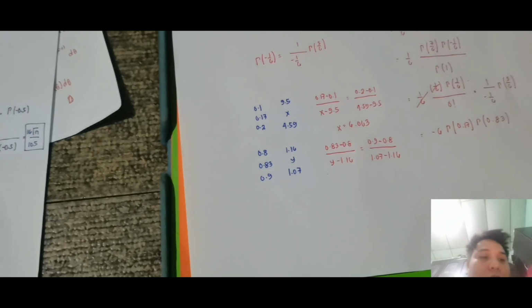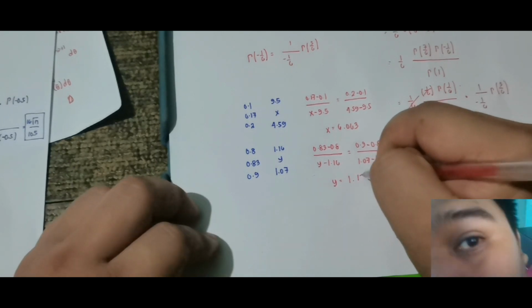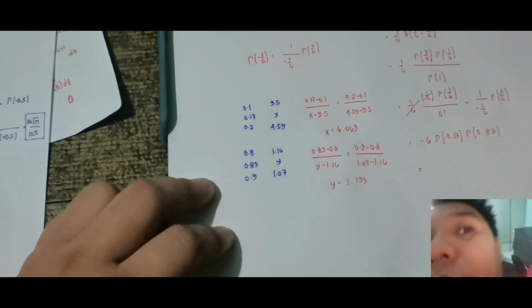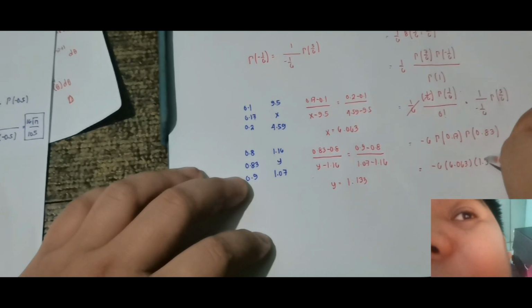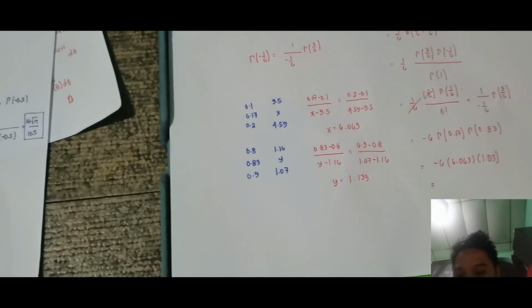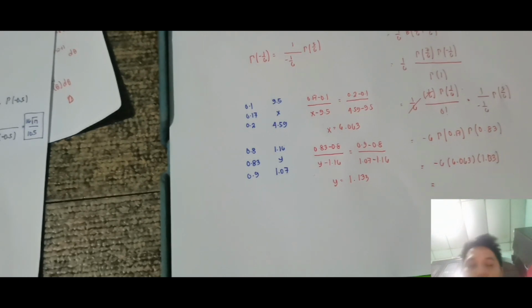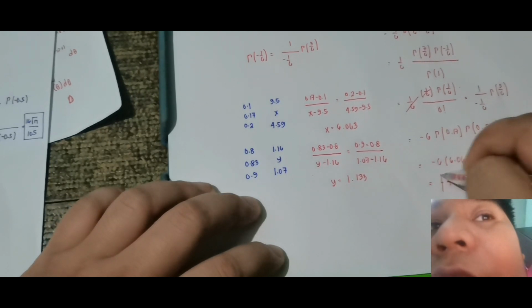That is 1.133. Y is 1.133. So therefore, this is just equal sa negative 6 times 6.063 times 1.133. That is negative 41.22. So ito yung kanyang integral.